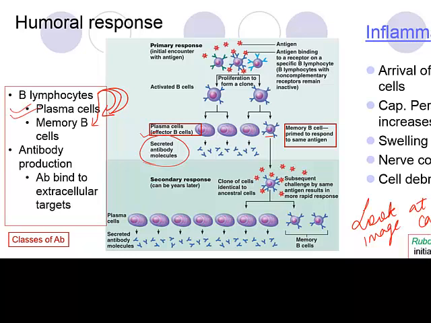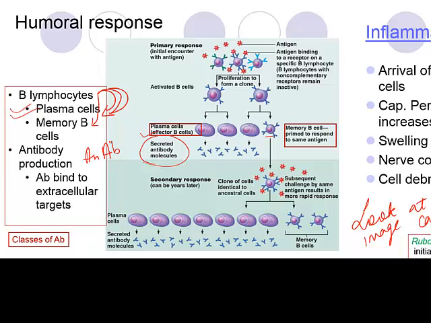That's why they're called plasma cells. They secrete a whole heap of antibodies. Those antibodies, we will see, will bind to the antigen. That antigen is present in the extracellular fluid, either in blood itself or present in tissue fluid. It will react with that and form what is known as an antigen-antibody complex.